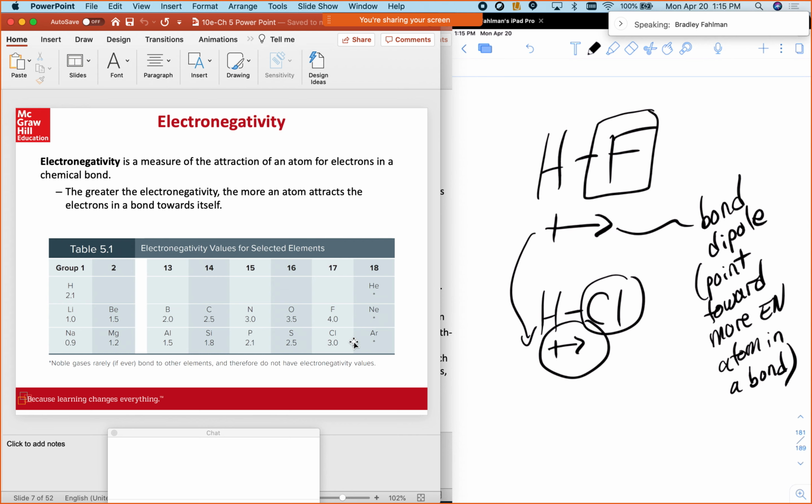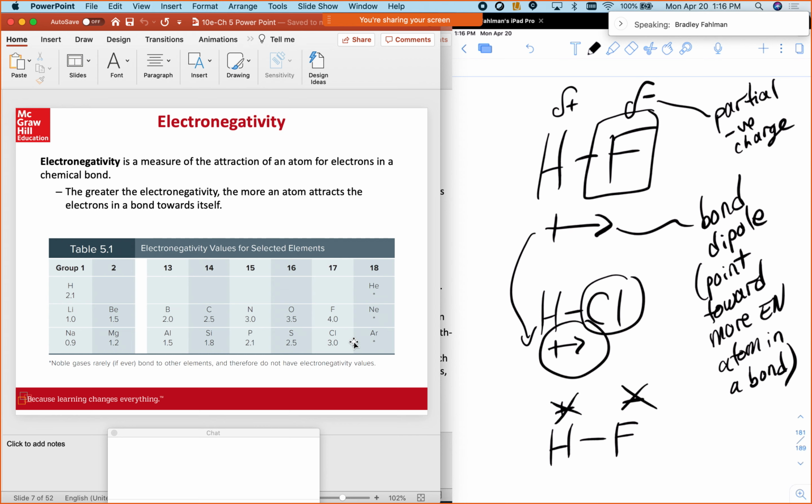And so another way we can illustrate that is with these little deltas. And so since fluorine is more electronegative, we can say that this end of the molecule is partially negative. So it's a partial negative charge, and that makes the other end partially positive. Okay? And so it's not the same as saying this, where the fluorine end is a minus charge and that's positive.